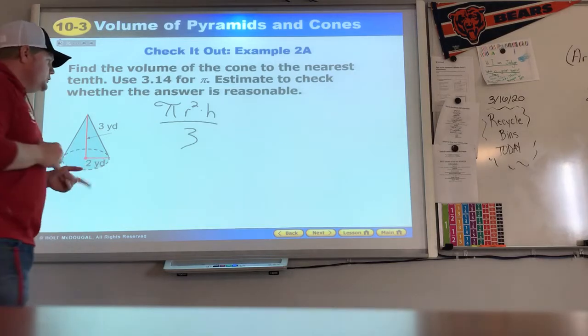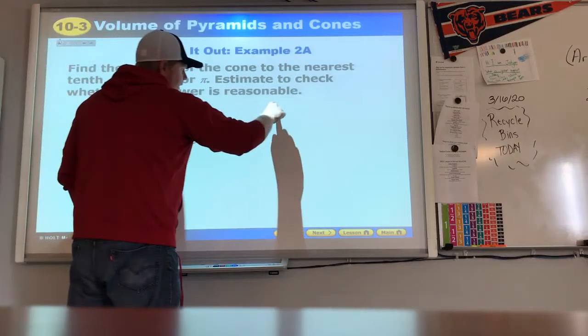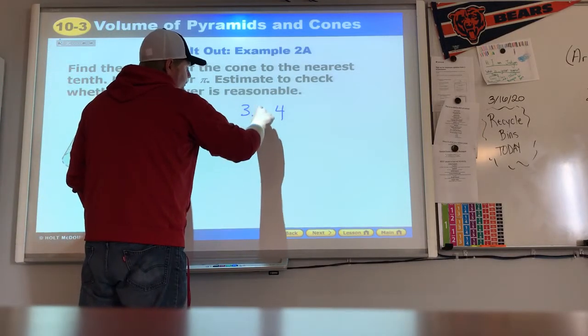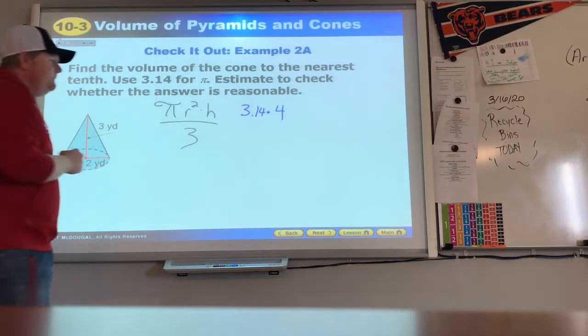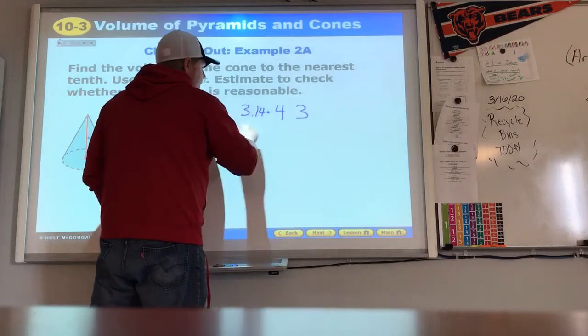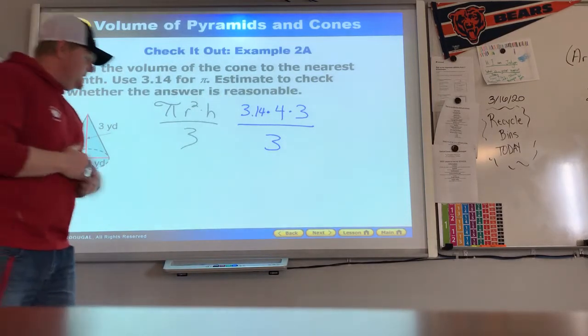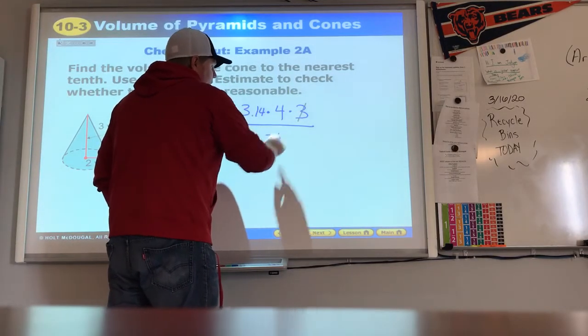I see radius is 2. I know that 2 squared, because I have to square it, is 4, so I'm going to put a 4 there. I know that pi is 3.14. I know the height is 3. And I know I divide by 3. All those things said, I can choose to divide and divide. Oh, I reduced.